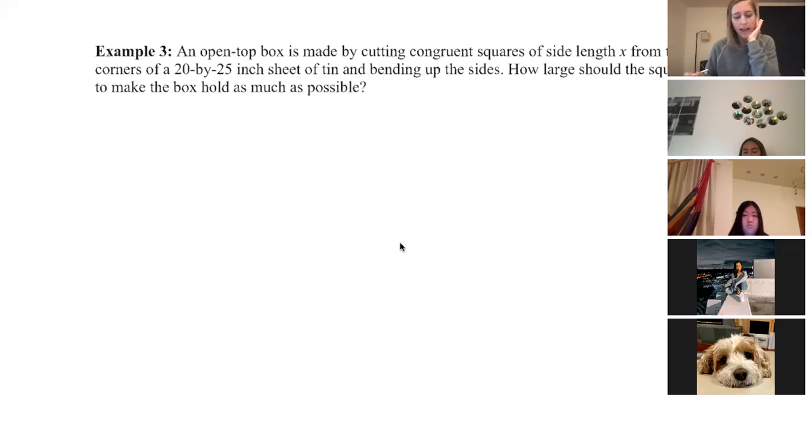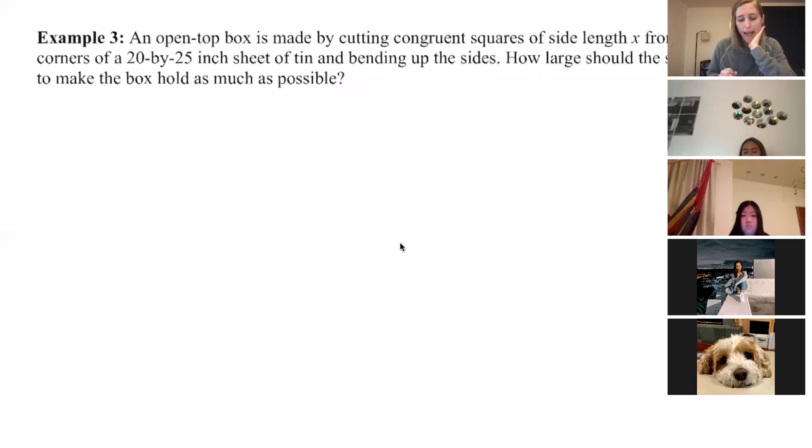So we're given that an open top box is made by cutting congruent squares of side length x from the corners of a 20 by 25 inch sheet of tin and bending up the sides.